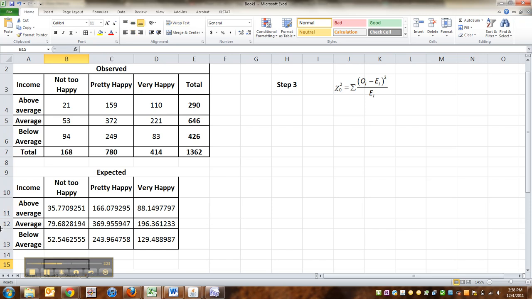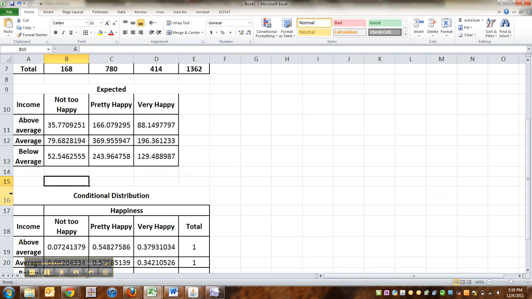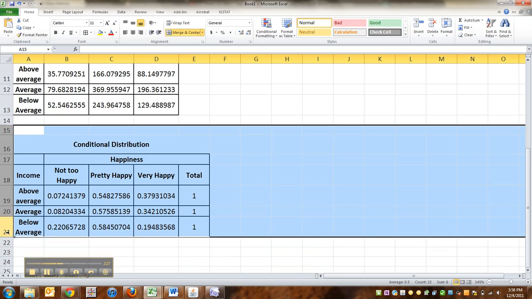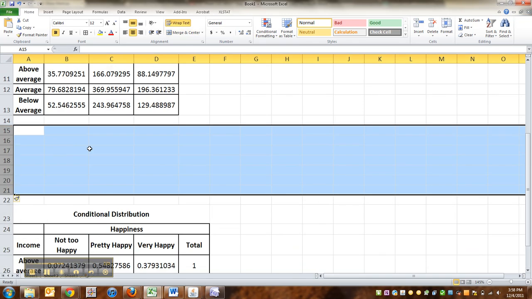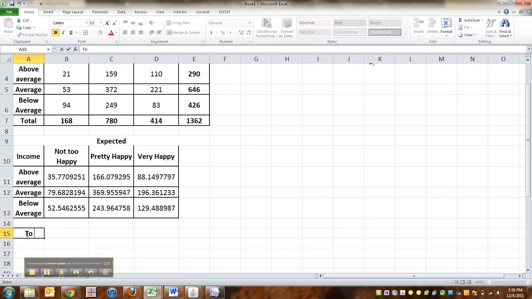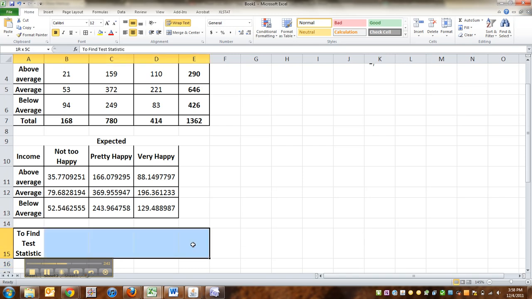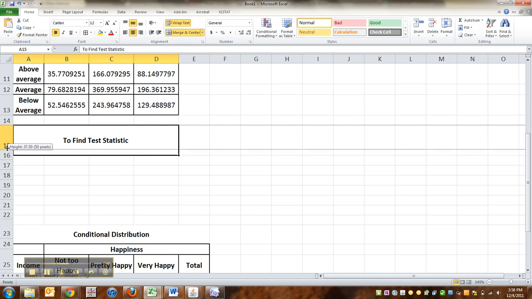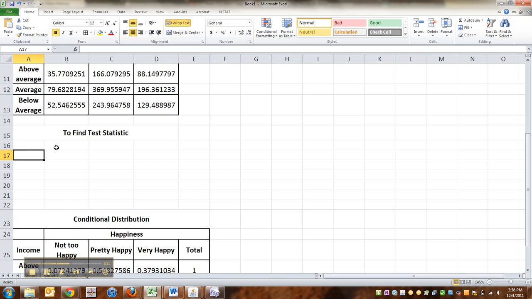So I'm going to go down here and insert. Again, I'm moving that conditional distribution down. I don't really need it. Now this is going to be to find the test statistic. Yes, I know there are actually more ways to do this, but bear with me here. So to find the test statistic, I'm going to find the observed minus the expected.